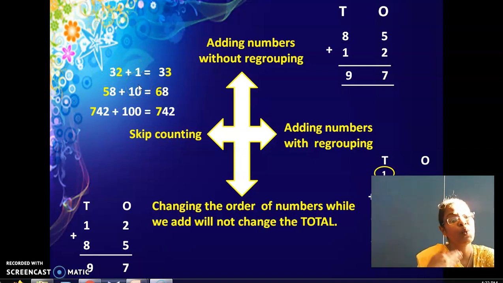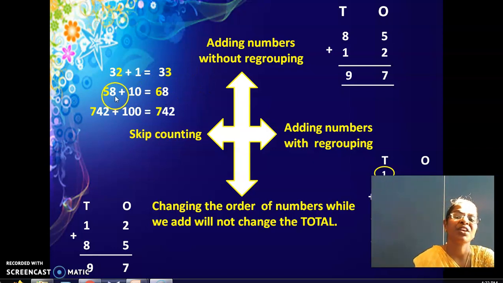So I am just adding 1 to that number. So 32 plus 1, what happens? 33. So I get a change in which value? Very good. I get a change in the ones place. Can you see here? What about the tens place? It remains the same.